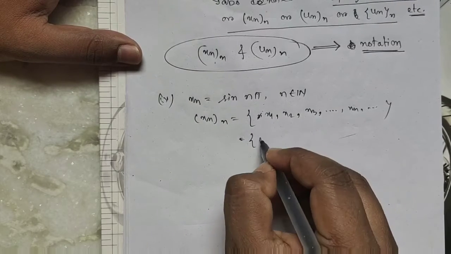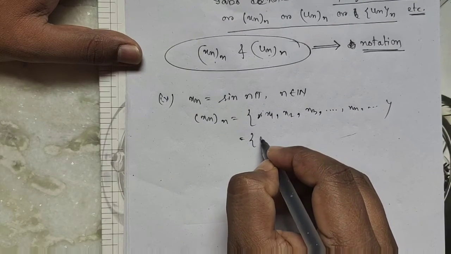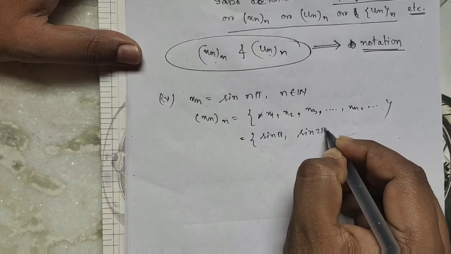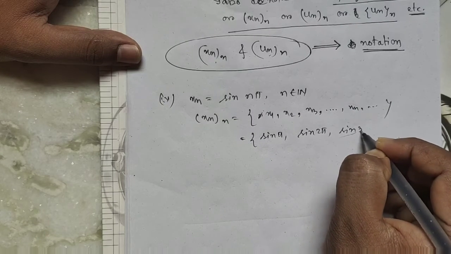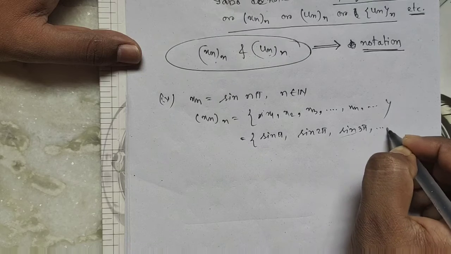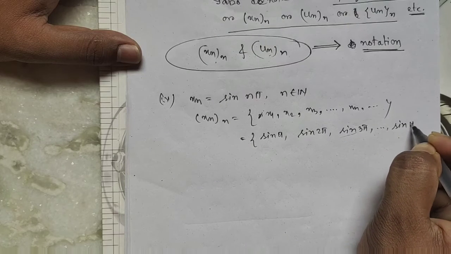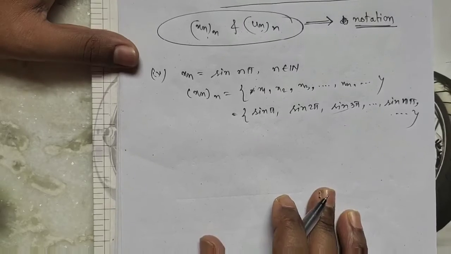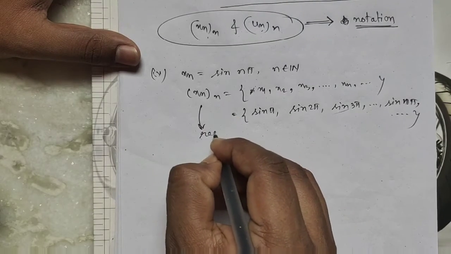Which are the elements? First element of the sequence is sin pi, then sin 2 pi, then sin 3 pi, and so on, sin n pi. This is a real sequence.